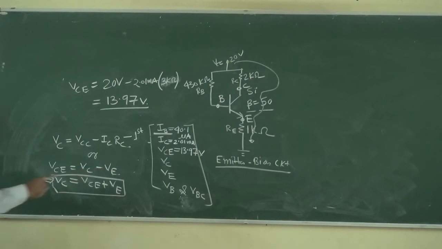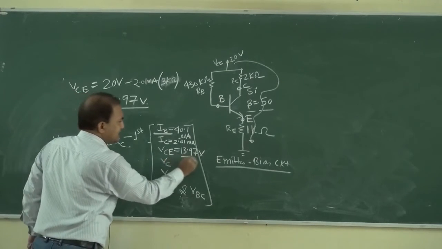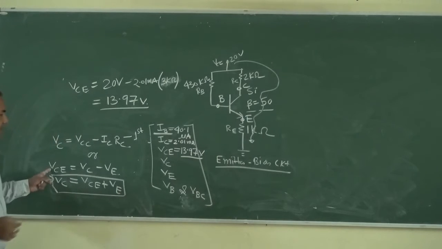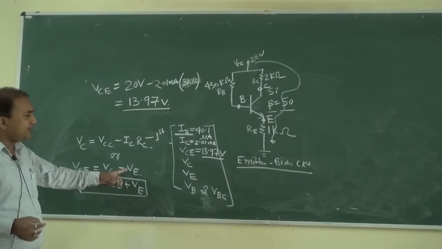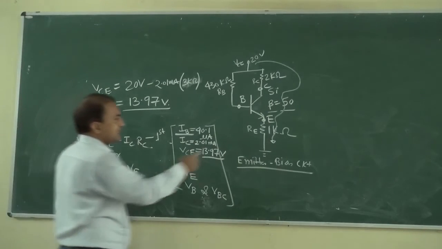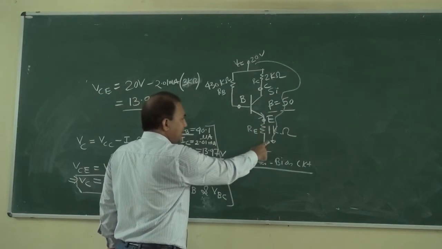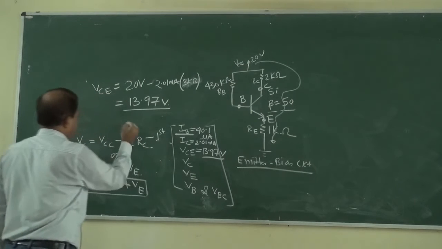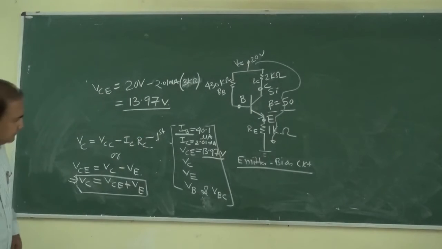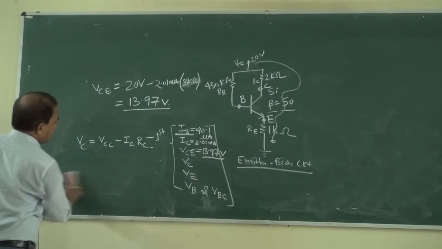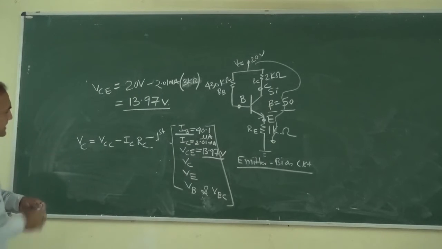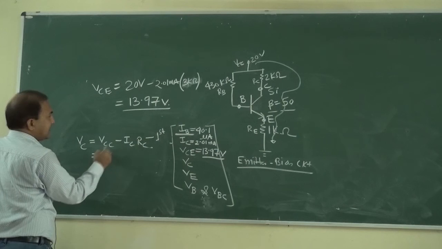We know that VCE is equal to 13.97. VC we have to determine, and VE, how can we determine VE? VE is equal to IE into RE.